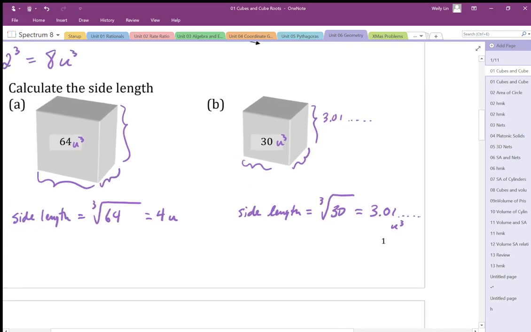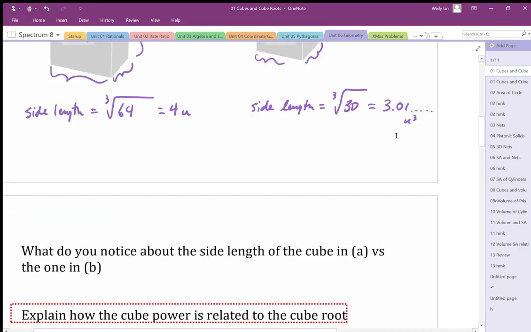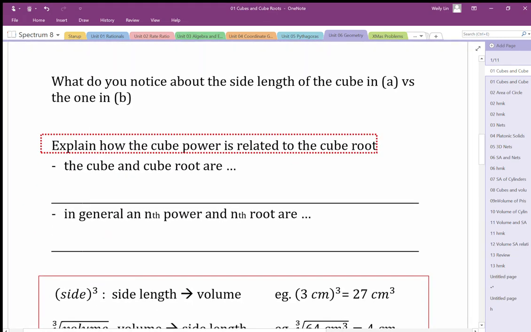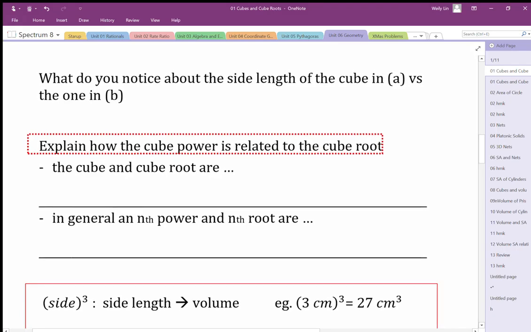So in general then, if you take a look at the length of the side of cube A versus cube B, the side length of cube B is not rational.